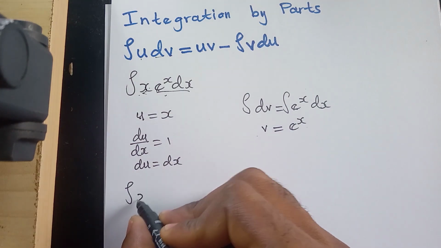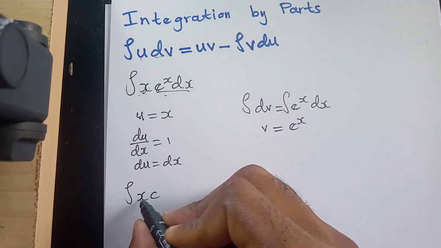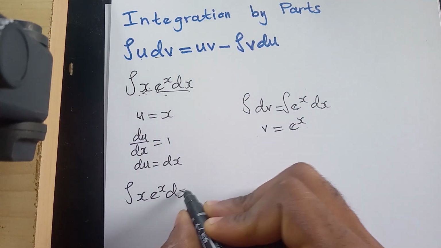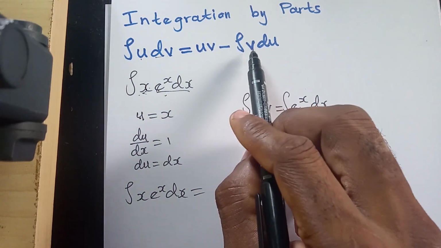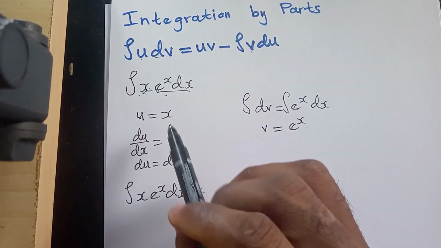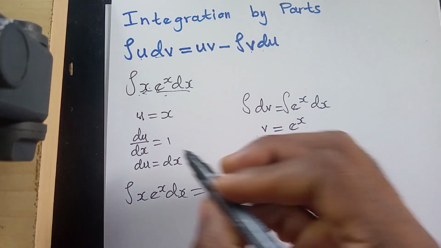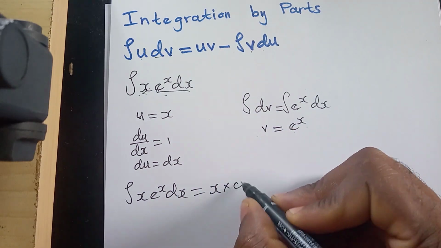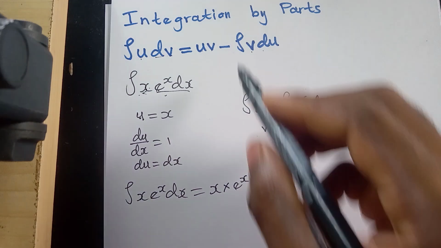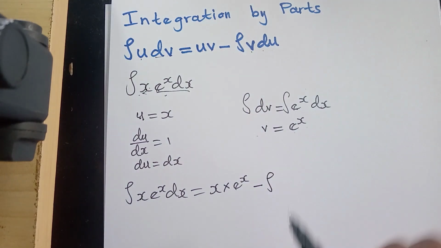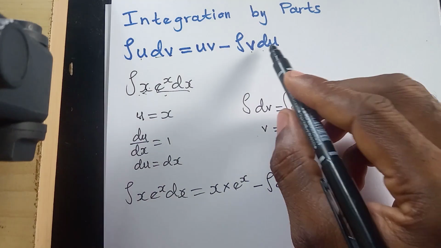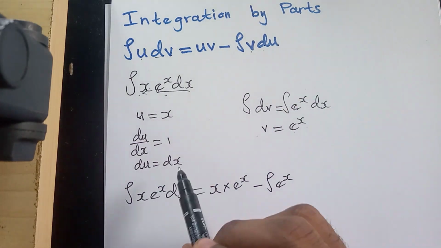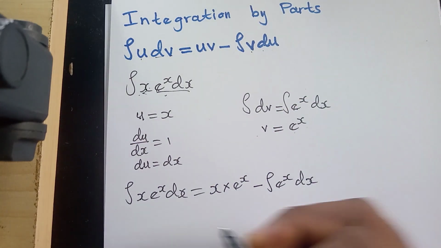So the integral of x e to the power x dx will be uv minus the integral of v du. So our u is x multiplied by our v, which is e to the power x, then minus your integral sign, then your v is e to the power x, and then du is the same as dx.